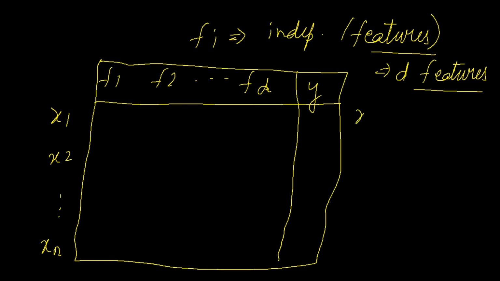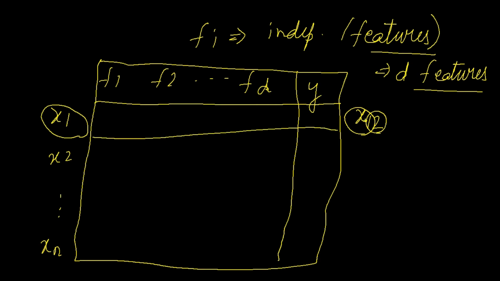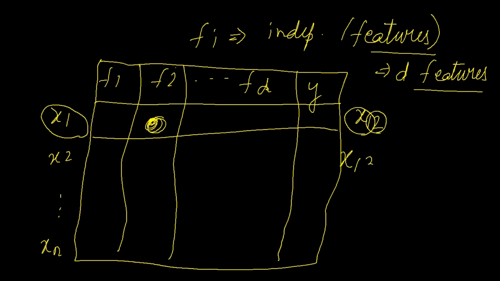When we write x12, it means we are denoting the first data point and the second feature, that is this one. So when we refer to x12, we are referring to this particular value. Similarly, x13 means this one.